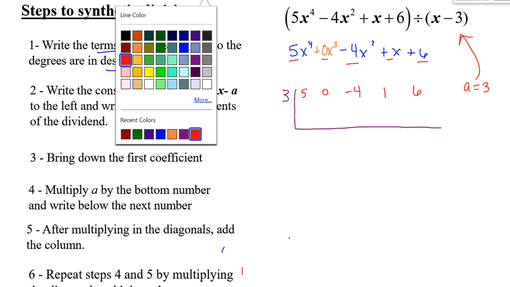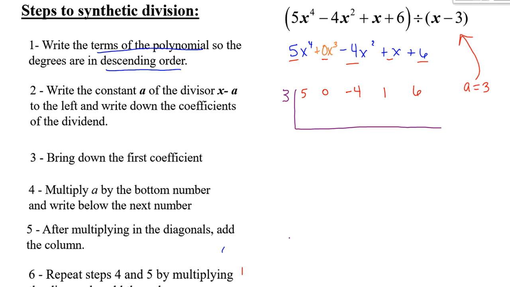Now the process to complete it looks like this. You bring down the first number, and then you multiply diagonally by the 3. So 3 times 5 is 15. You write it above the line. And then you add down, and you get 15.